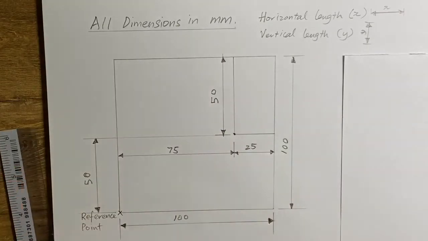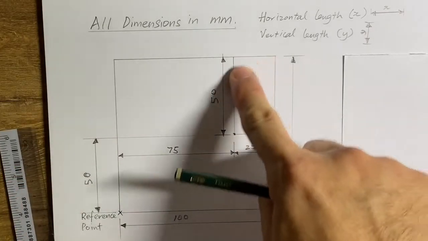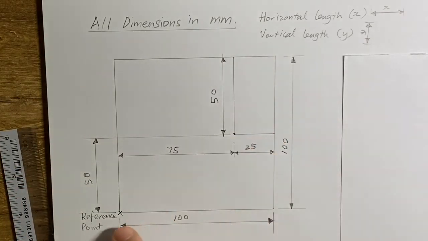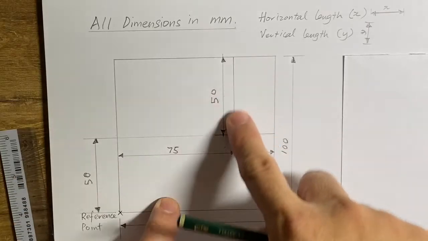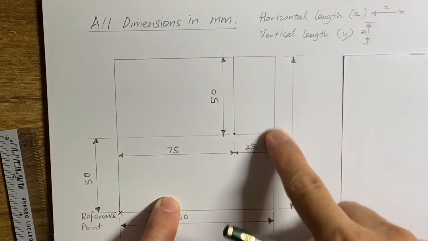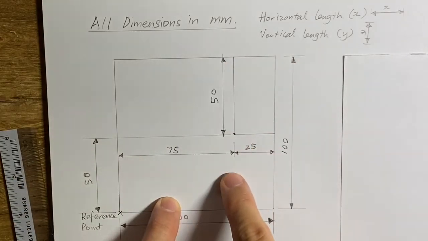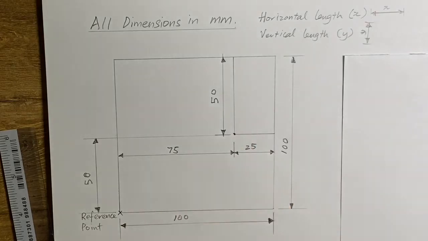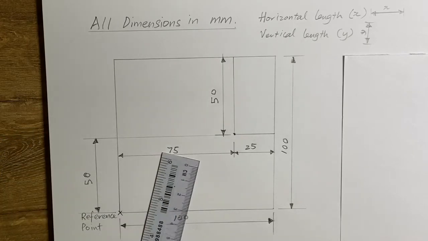So with that, this entire rectangle has been positioned with respect to the reference point. So this is what we do in dimensioning. We tell people the length of the object and the location of this object with respect to a reference point. Now this concept is very important. It's similar to concepts of velocity and forces, which many of you will learn in future.